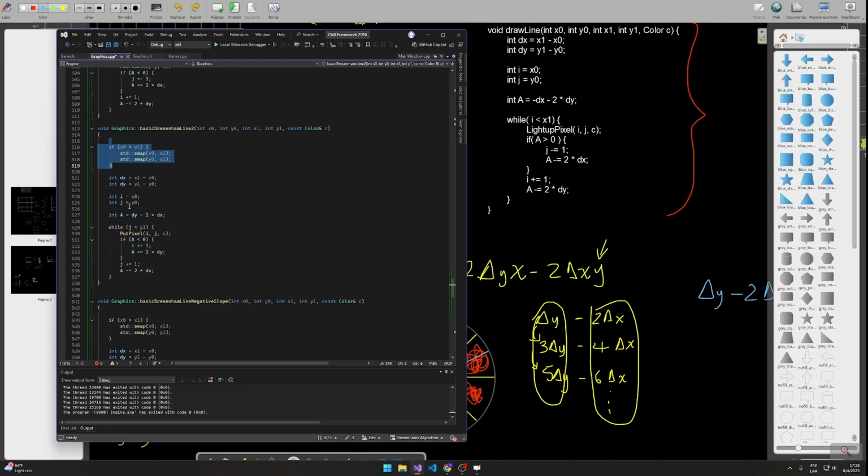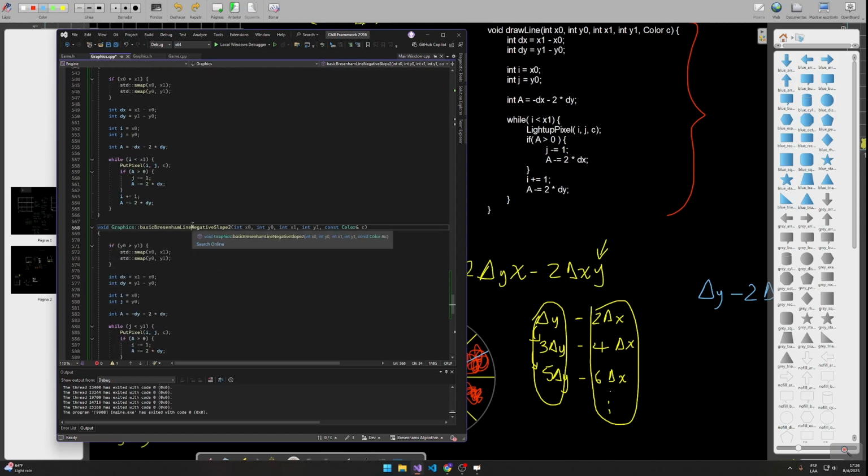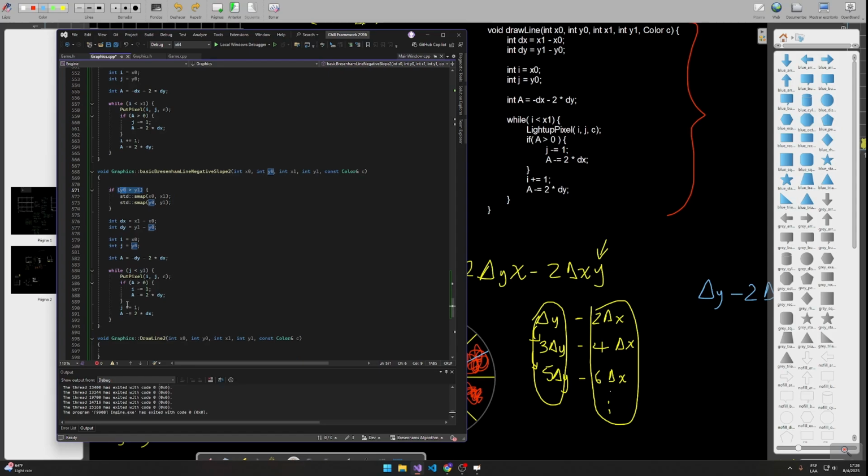And now we are going to go over the negative slope version, and again we have just swapped the logic for dx and dy, and this condition based on y instead of x, and increasing j every time instead of i, and so on.